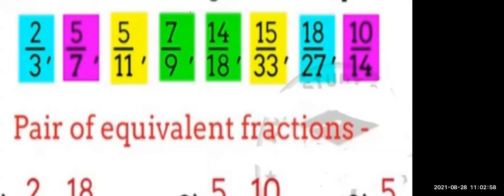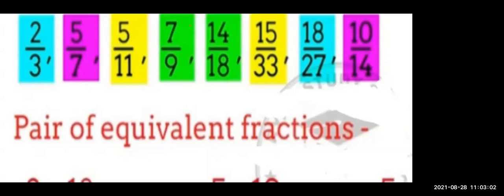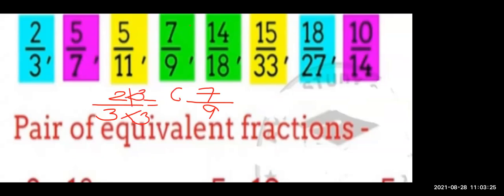See here. If I write 2 upon 3. Now if I choose this 7 upon 9. 7 upon 9. It won't be a pair because in 3 table 3 3s is 9. But if we multiply this by 3, 2 3s we are getting answer 6.